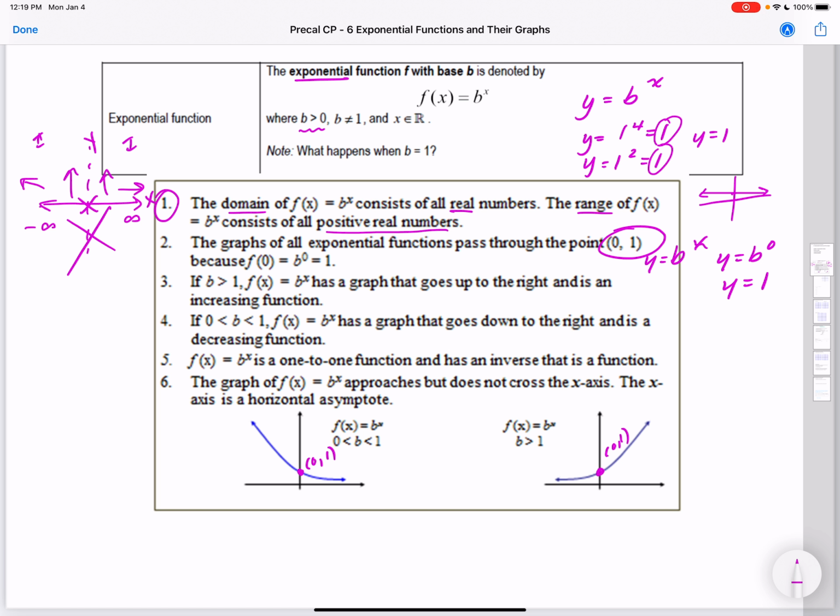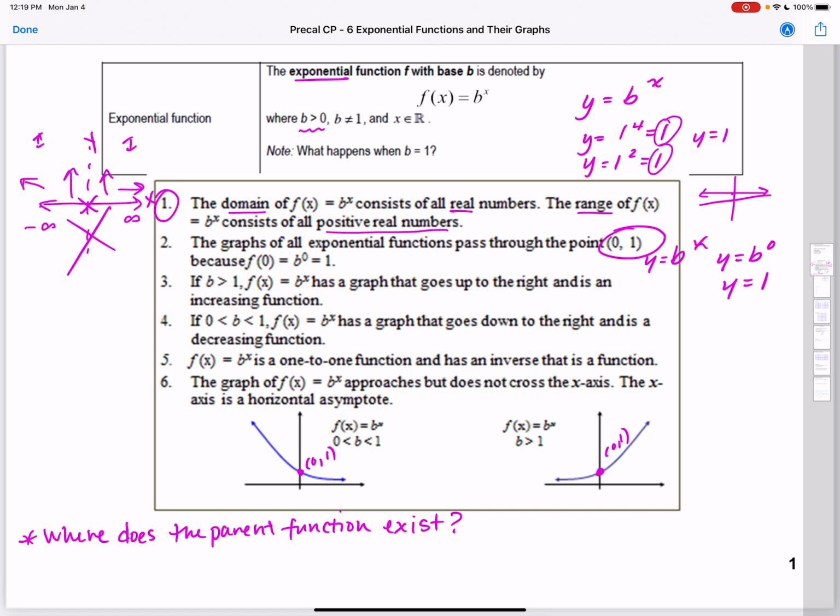So where does the parent function exist? It exists in the top two quadrants, or quadrant 1 and quadrant 2.